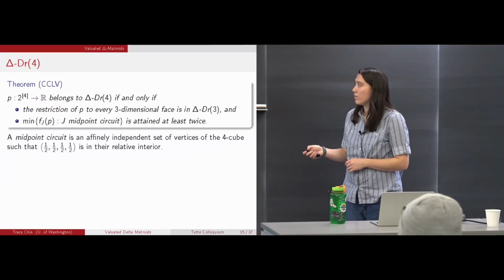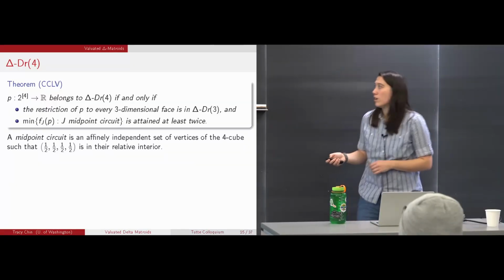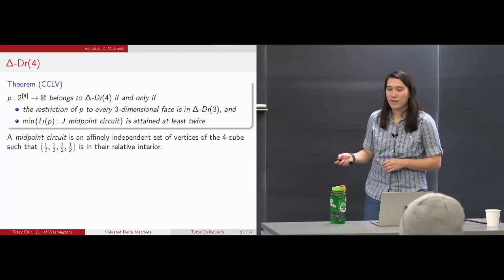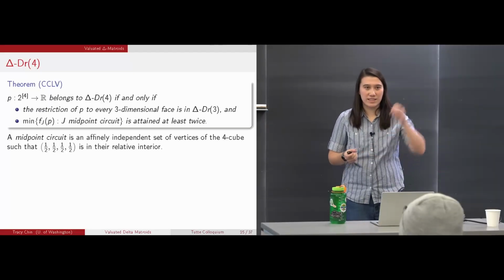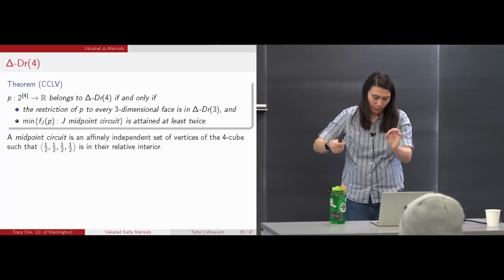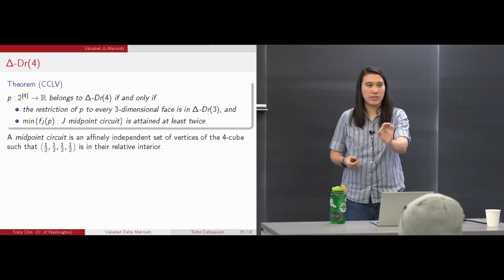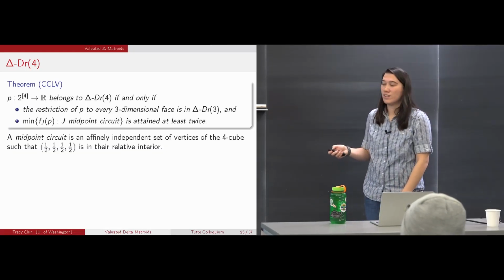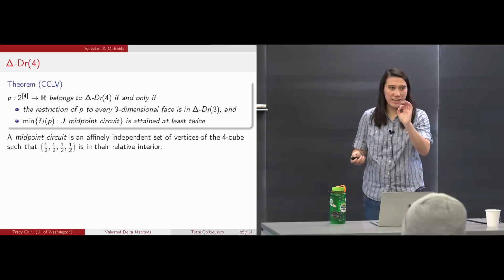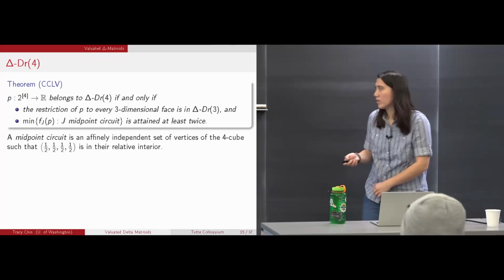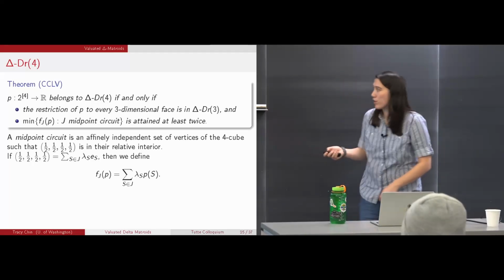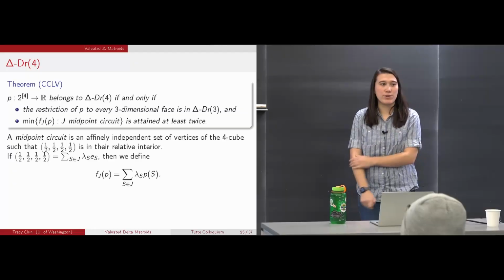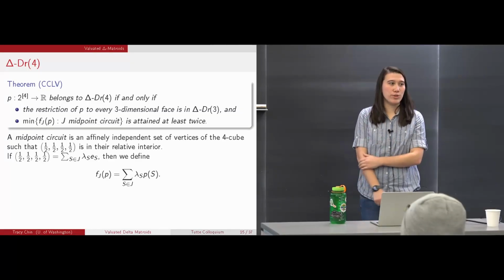If I'm going to have an edge of length 4, I'm going to look at all affinely independent sets, because any edge of length 4 has to go through the exact midpoint of my cube. And so I'm going to look at all possible things that contain the exact midpoint of my cube. And I'm going to go to each one of them and say, okay, if I were to give you this midpoint, what height would you put it at?